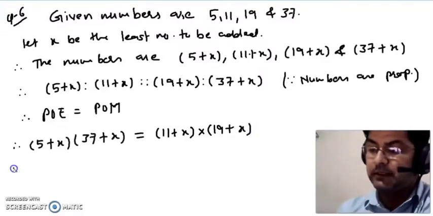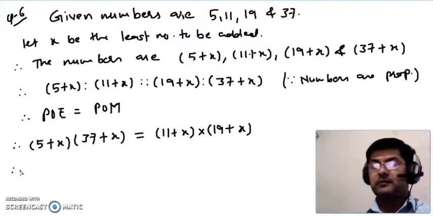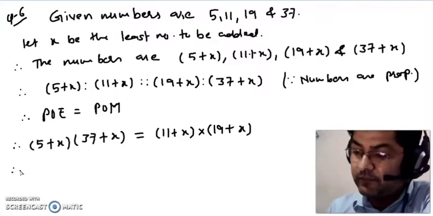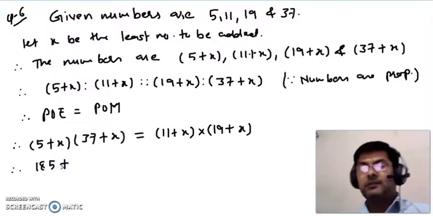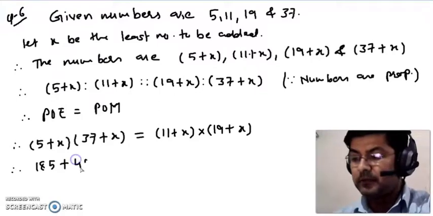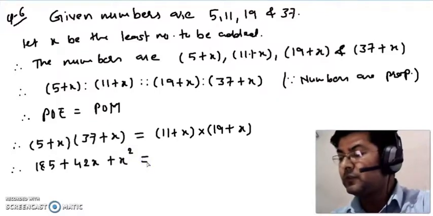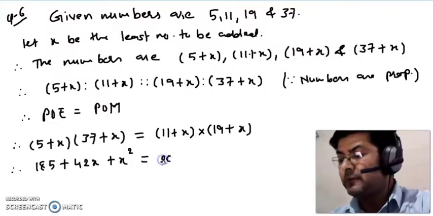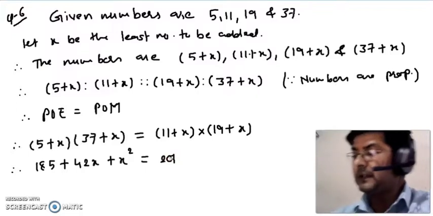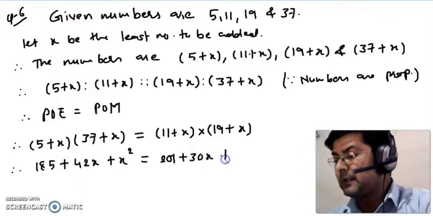Now let us multiply: 37 5s are 185, plus 5x plus 37x, 42x, plus x square is equal to 190 plus 11, 201. 11 plus 19 will be 30, so plus 30x and plus x square.